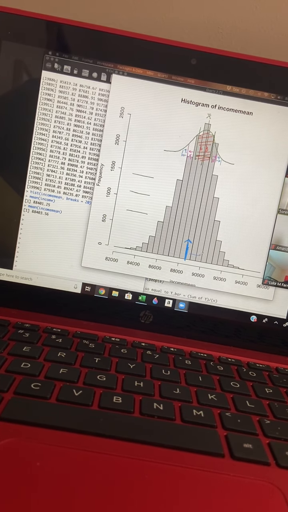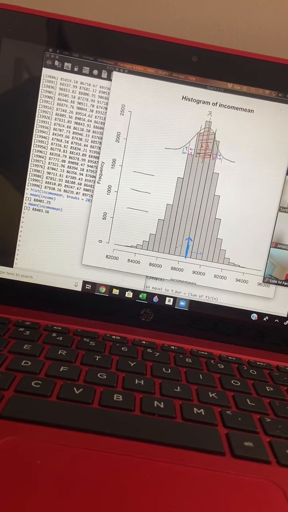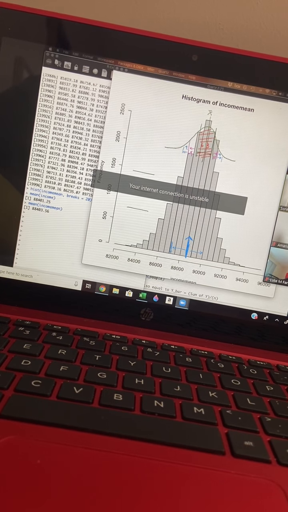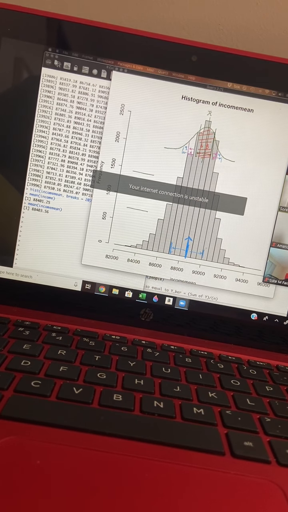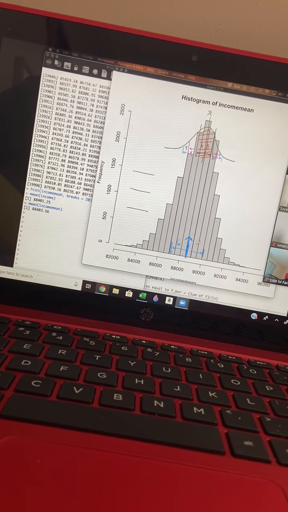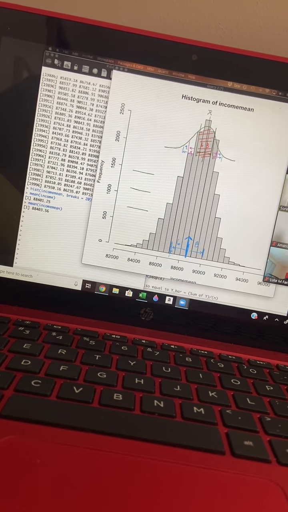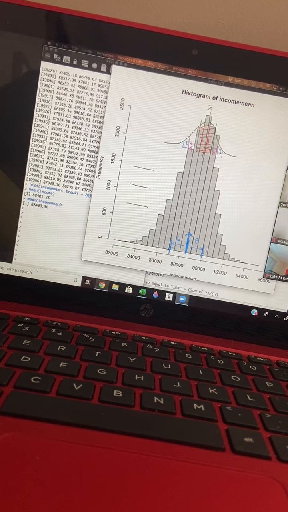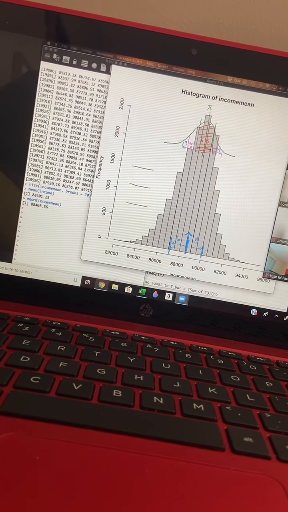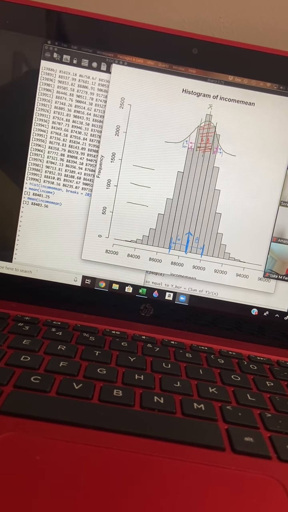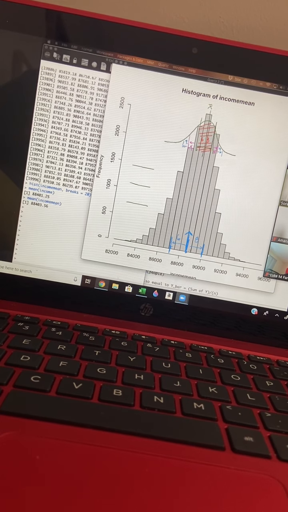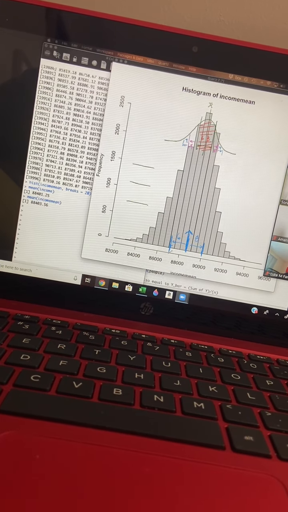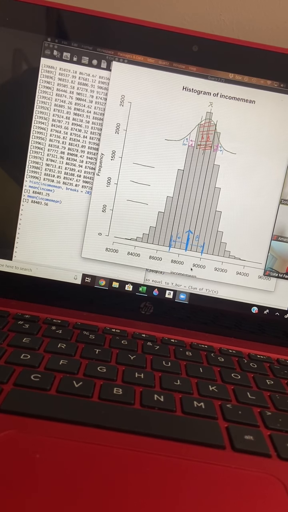So the 68, 95, 99 rule says if I go 1 standard deviation in each direction, that's 68% of the likely values in the population. So I could literally say, and this is approximating, my best guess as to what the true average income in the population is $88,400, but I'm 68% sure that it's somewhere between $87,000 and $90,000.